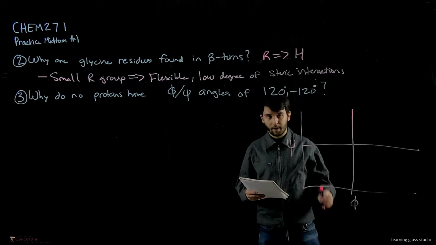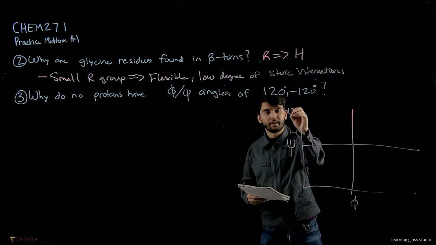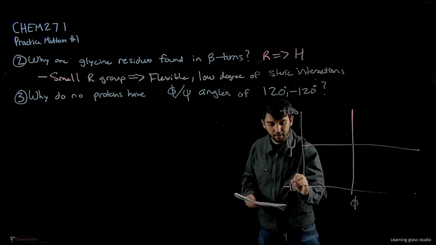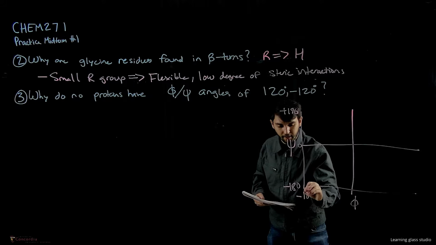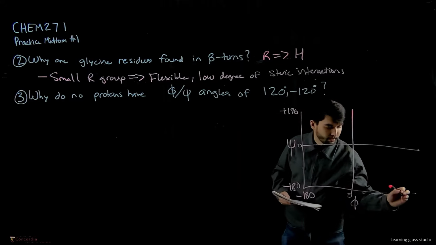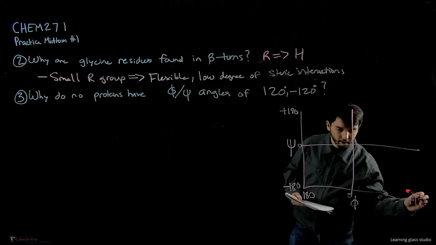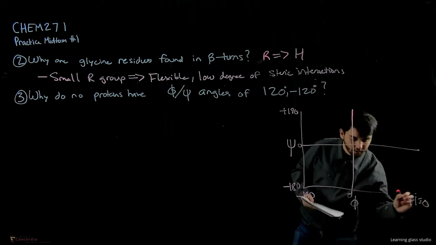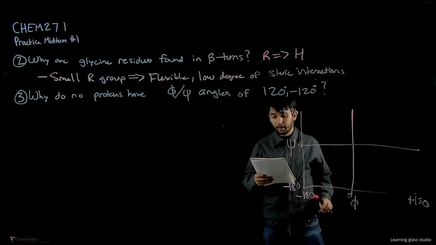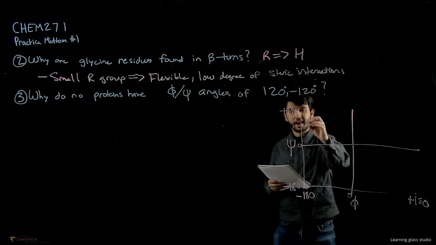Okay? And then up here, we have positive 180 degrees. Down here, negative 180 degrees. Here we have 0. Again, down here on the x-axis, negative 180, 0, and positive 180. All right. So essentially, in this quadrant, we have beta sheets.